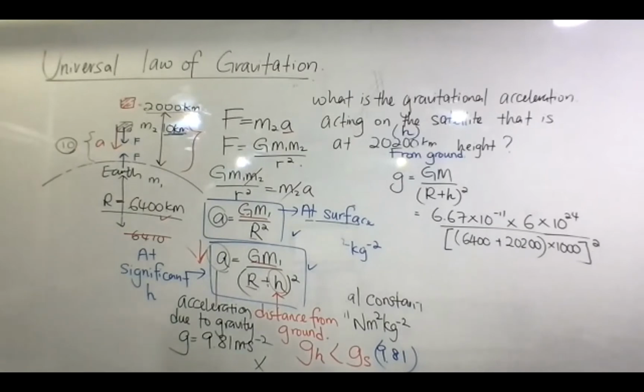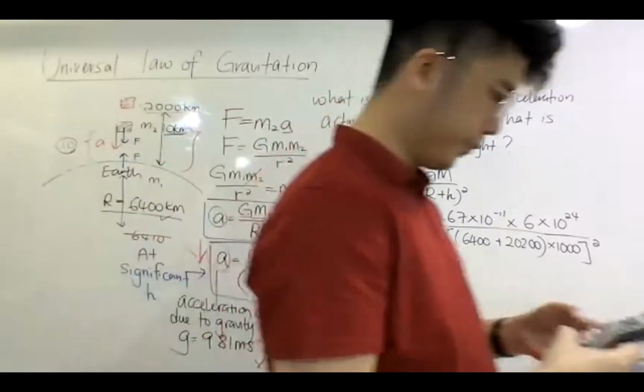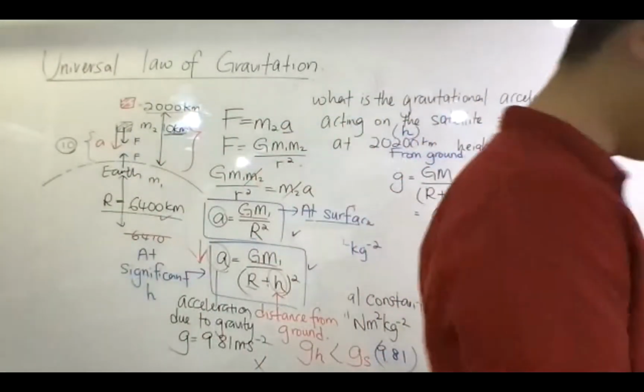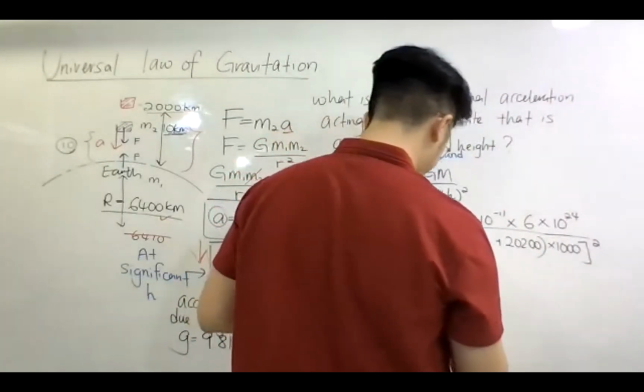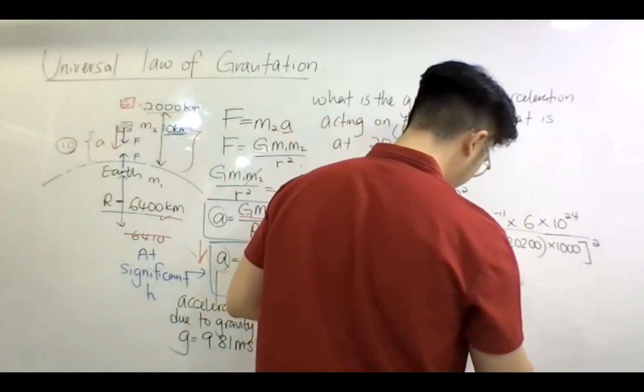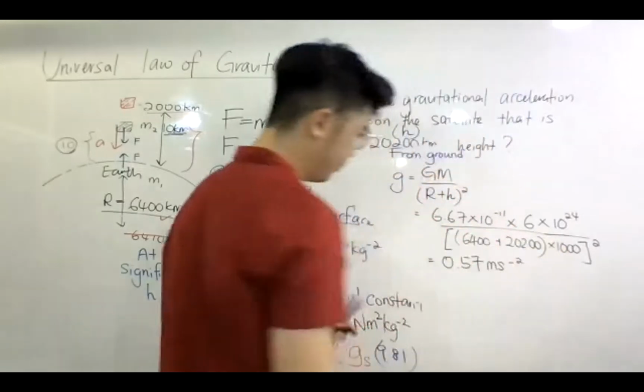Okay, now you can calculate. When you calculate, because you are dealing with very large numbers, you want to take all the decimals. Take as many decimals as you can. 0.447, 0.57 m/s².